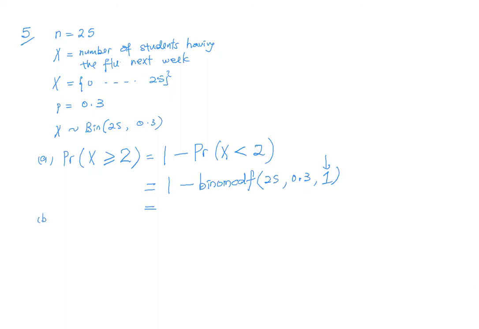Okay, B. If more than 20% of the students have the flu next week, a class test will have to be cancelled. What is the probability that the test will be cancelled? Okay, more than 20% of the students. So what is the number of students that's supposed to get flu? So you have to calculate 20% of 25.